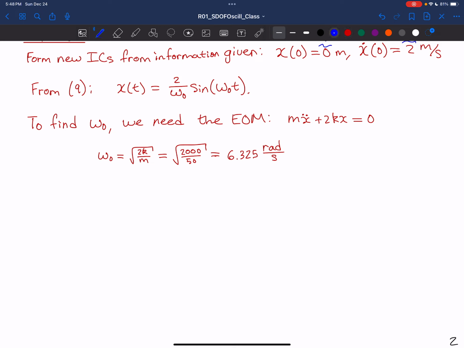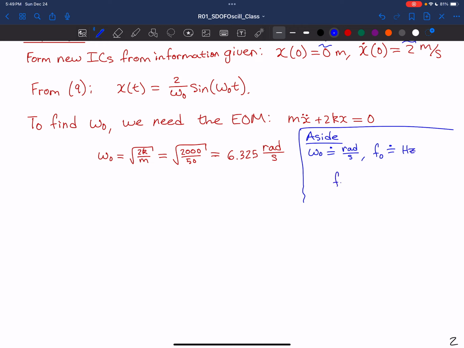And so let's just do a brief aside here. So omega 0, this has units of radians per second. The natural frequency could also be expressed as f0, and this would have units of hertz, which is equivalent to cycles per second.